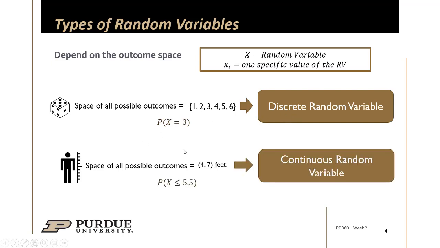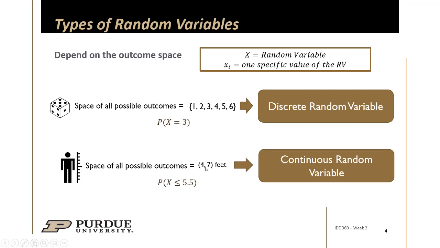On the other hand, if we have an infinite number of outcomes within a specific range, for example, in this case we are measuring the height of some group, and it ranges from 4 to 7 feet, not inclusive.